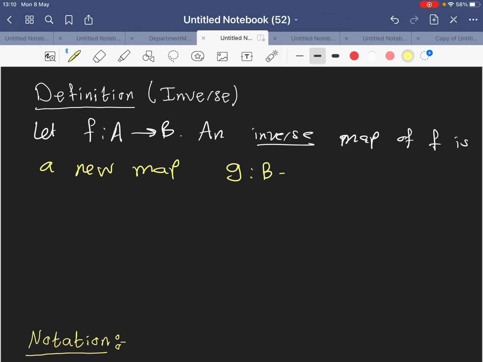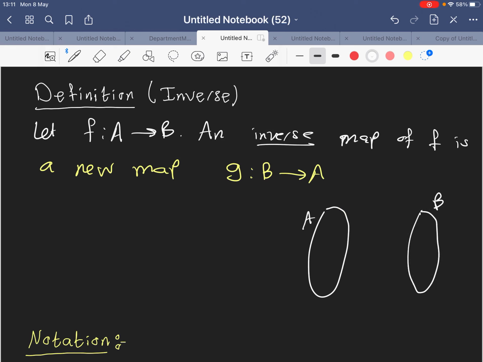We call it g from B into A. So now we do the opposite. In the inverse, the output becomes input and the input becomes output. If we do it in an arrow diagram, A, B, f will go in this direction and g will get me back in this direction. So it's the changing of the input and the output.